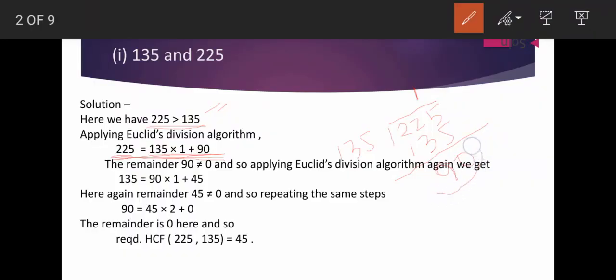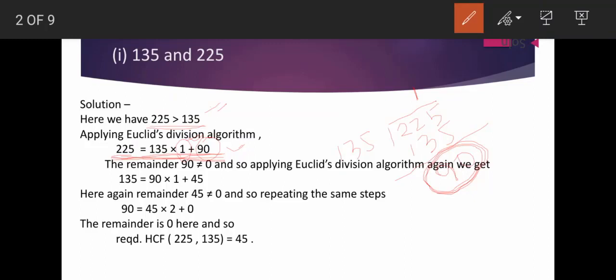When we subtract, we get the remainder as 90, which is a non-zero term. Now, following the division algorithm, we can write this as 225 is equal to 135 into 1 plus 90. Here 1 is the quotient and 90 is the remainder. So we find that 90 is a non-zero remainder.